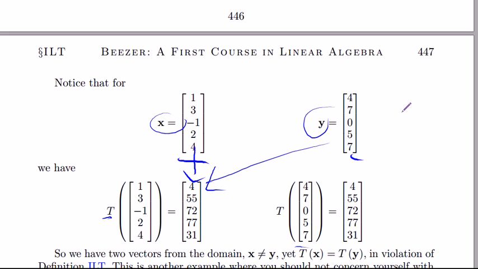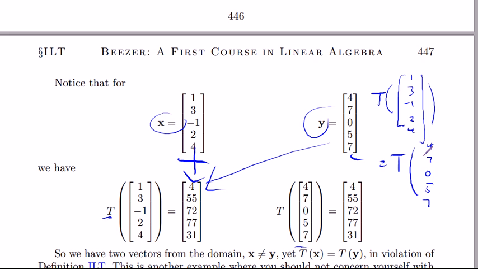So we had T of (1, 3, -1, 2, 4) is equal to T of (4, 7, 0, 5, 7). In this case, where we had a non-injective linear transformation, we had this being the case.